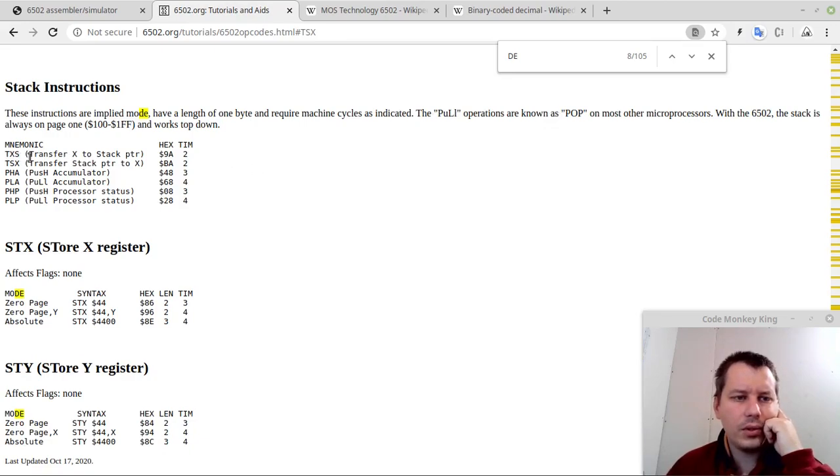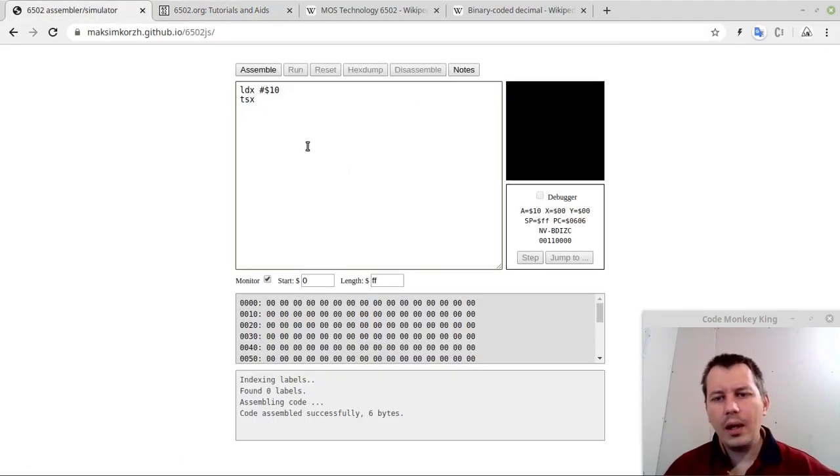Stack instructions. Oh yeah, this affects the stack pointer. So it's not the same. Sorry. So now after this, the stack pointer should be equal to 10, I believe. Nope.